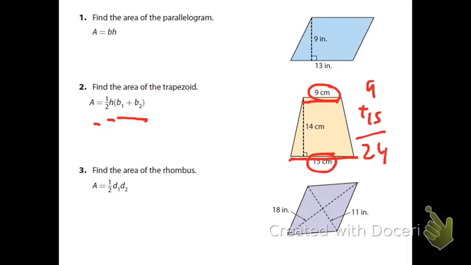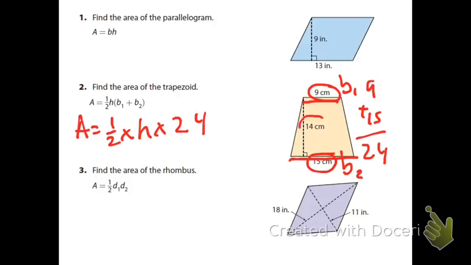Okay, so I get 24. So now my area equals 1/2 times the height times 24. So remember, this is base 1, this is base 2, and this line that's going up and down, that is the height.